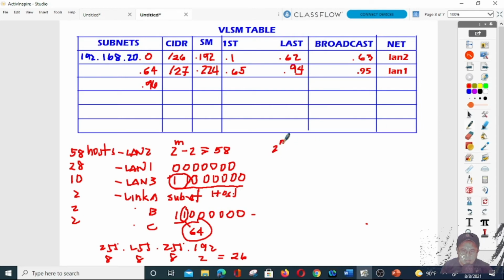Using 2 raised to m minus 2 greater than or equal to the requirement, how many zeros do we need? From the original subnet, we count 2, 3, 4, 5, 6, 7, 8.